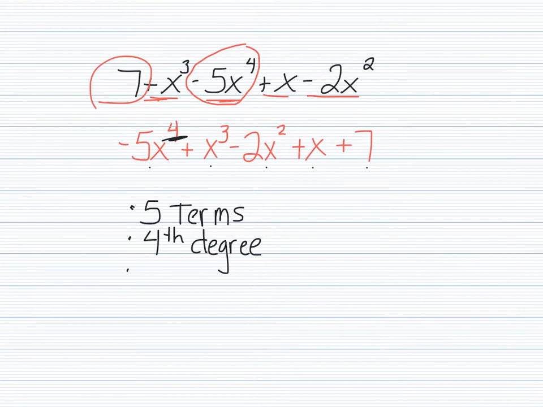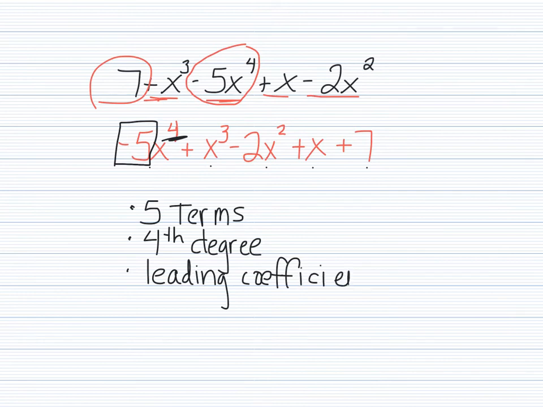Okay, the leading coefficient. Now that we have it in standard form, we can see that the leading coefficient is negative 5. And finally, we can talk about the constant term.